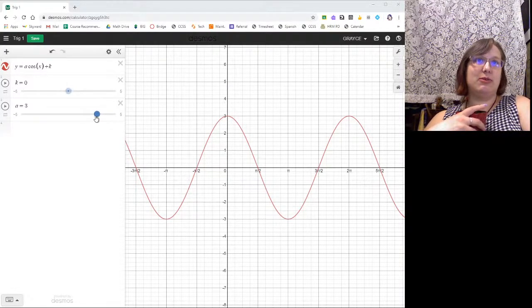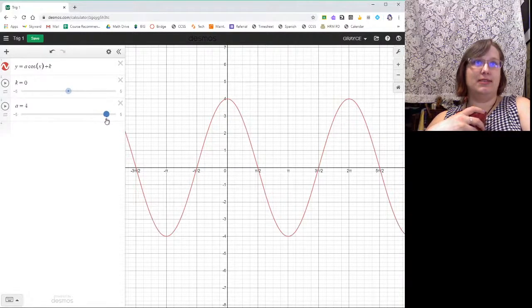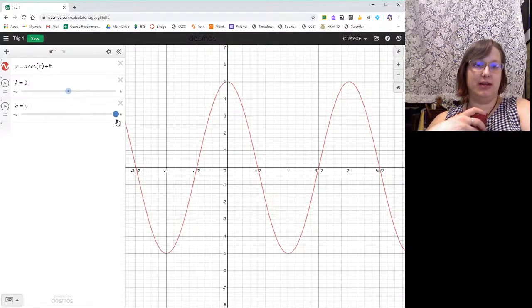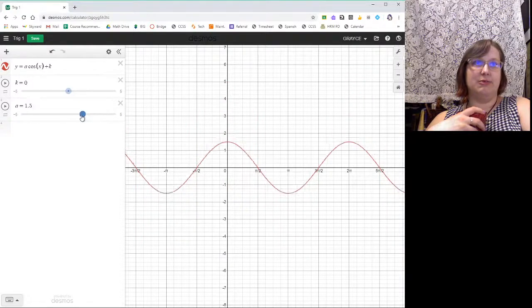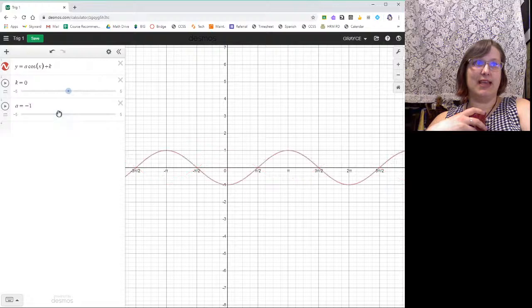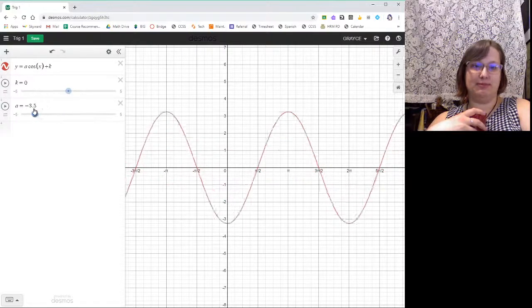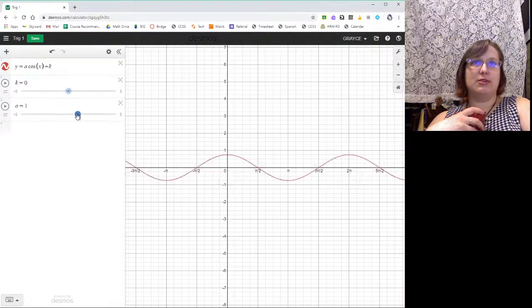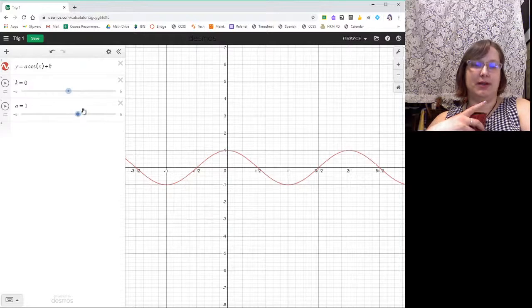Okay, so last week what we talked about was the very first number makes it stretched out, right? And if it was 1, like it normally is, it would just look like this. And if it's negative, it's stretched out, but it gets flipped over. So this is our cosine parent function right here. Starts at 1, goes down.